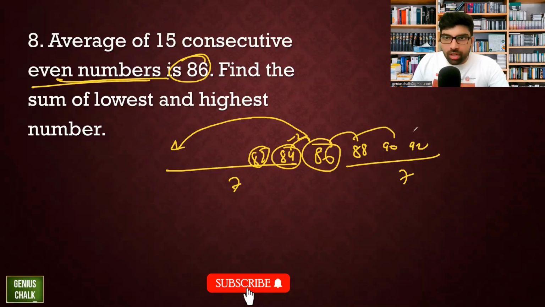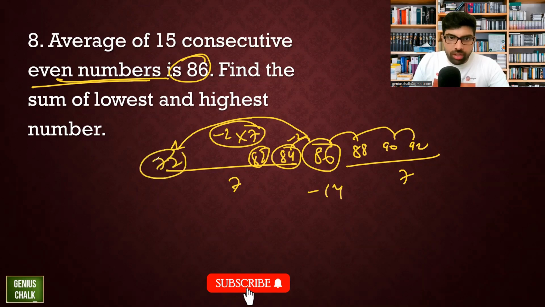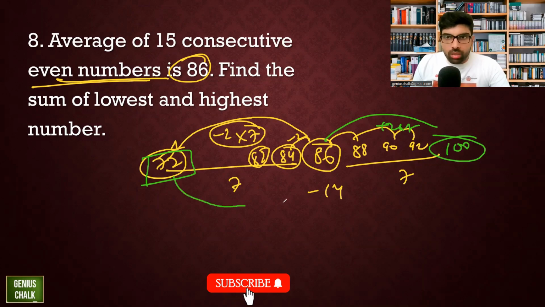So if you want to go 7 steps back, subtract 14. This becomes 72. Similarly, you can go ahead: 2 into 7 is 14, that becomes 100. So what is the sum? 72 plus 100 is 172.